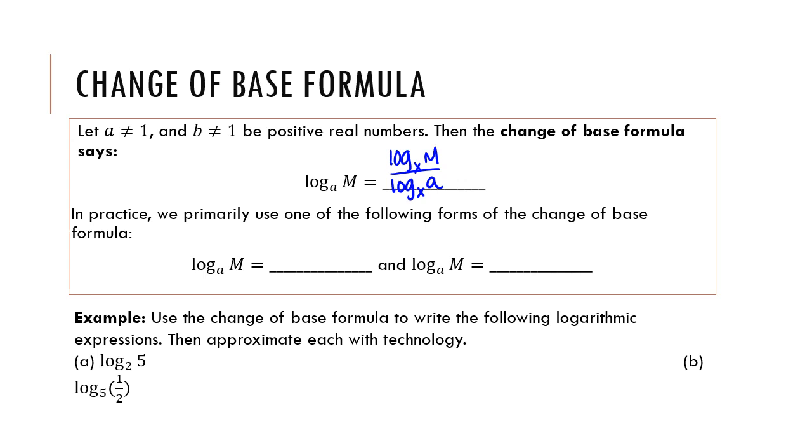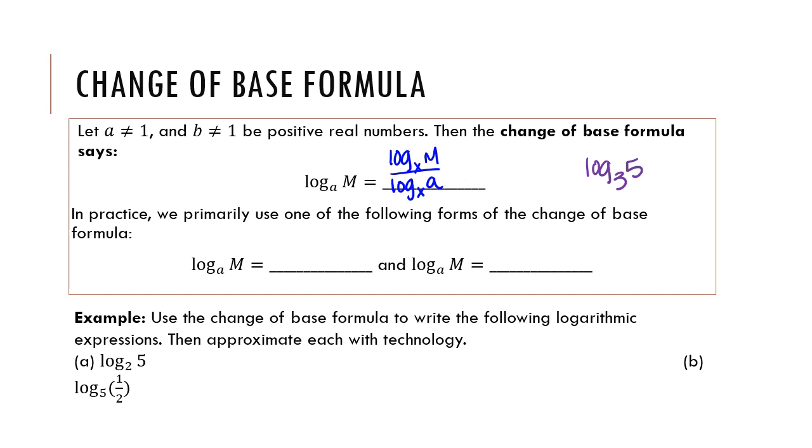Now you're probably wondering, why in the world do I need to know this? The reason is because it helps us actually evaluate things when we see something, for example, in terms of log base 3. It helps us input these values into our calculator, since our calculators usually deal with just log base 10 or log base e, the ln, or natural log.